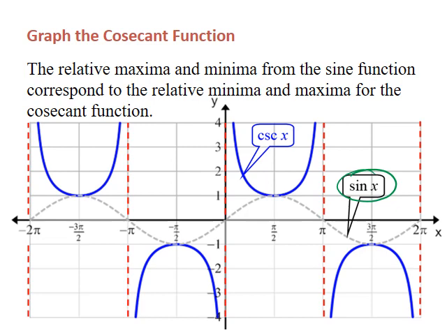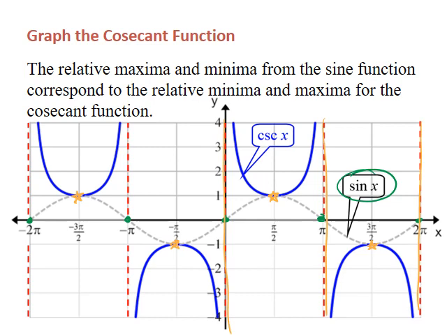Wherever sine of x touches the baseline, a vertical asymptote will occur, and that's what's marked in red. Additionally, wherever sine of x had a maximum or minimum will be the opposite of that in the cosecant function. So when you graph these, you'll first graph sine of x lightly, and then draw in the asymptotes.